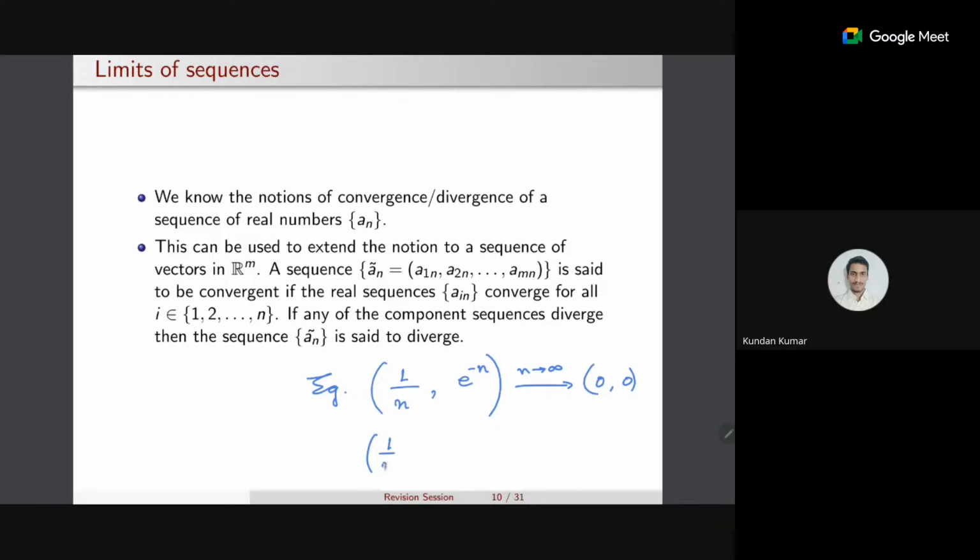Let's say 1 by n, e to the n. Does this converge? It goes to 0, comma, infinity. But infinity is not a real number, so this does not converge, or it diverges. So even if one component does not converge, then the sequence is said to diverge.